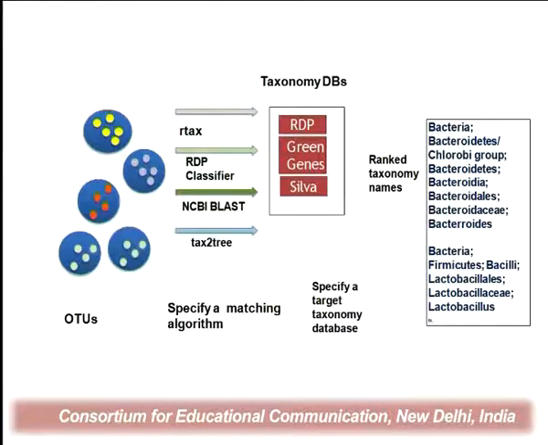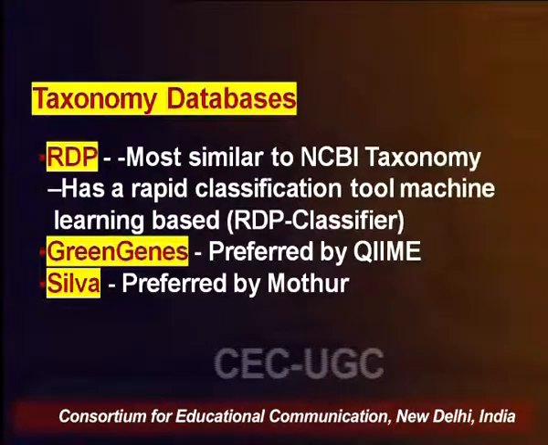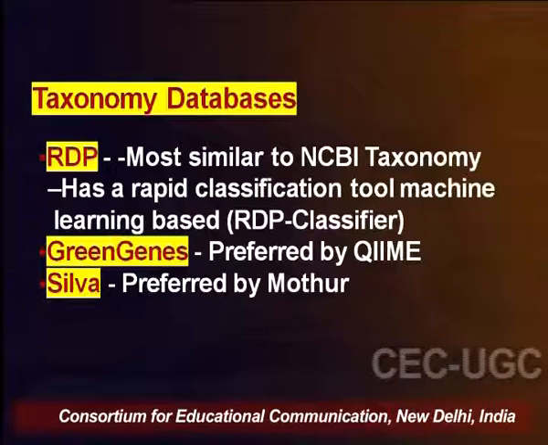So we get OTUs as clusters, we specify the matching algorithm, meaning which algorithm we are going to use, and then we specify which database we are going to use for aligning, and then we get the output. So in taxonomic profiling, we get reasonably good names for many of the sequences, but not for all, because new and novel sequences do exist.